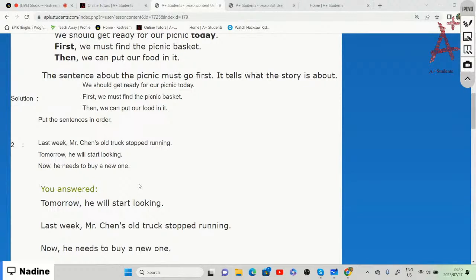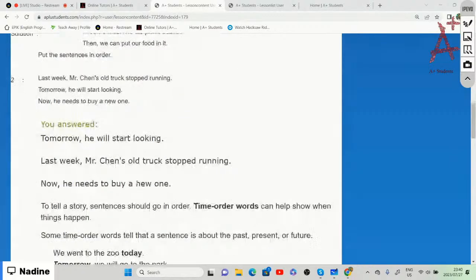So we are going to start with now. So now he needs to buy a new one. And then tomorrow he will start looking. And the day after, for example, it says Mr. Chen's old truck stopped running.